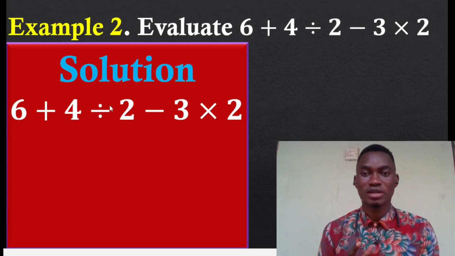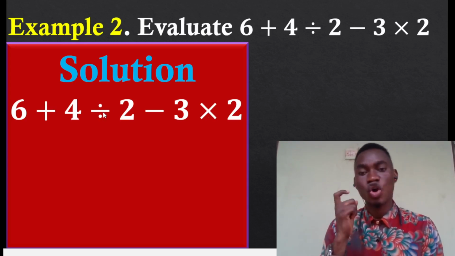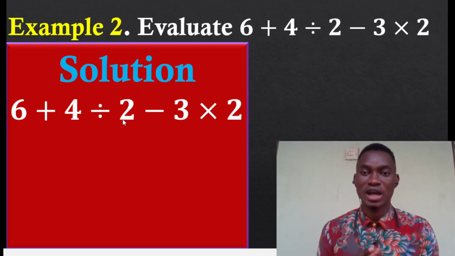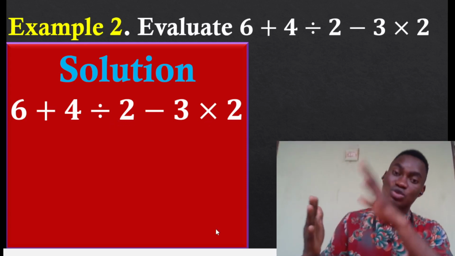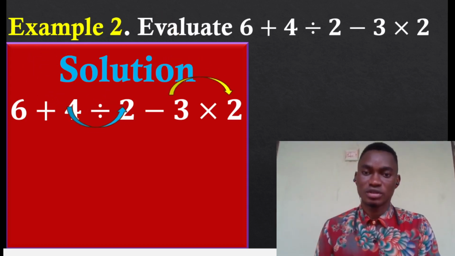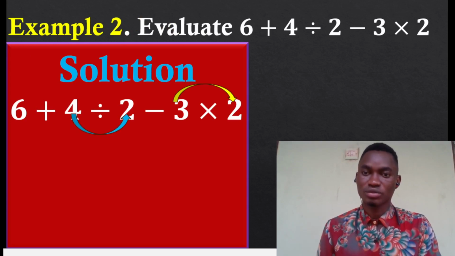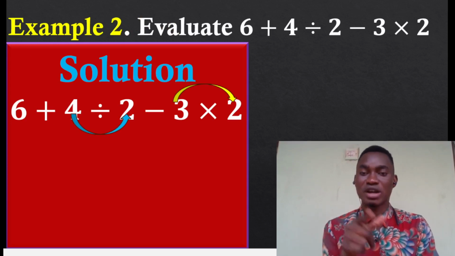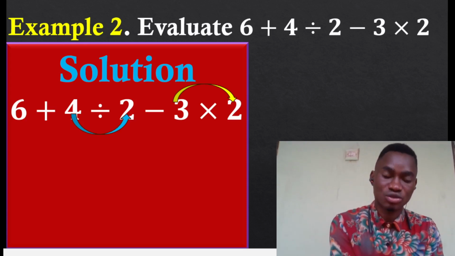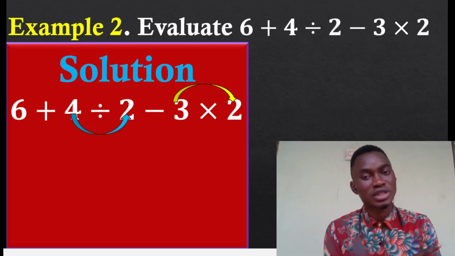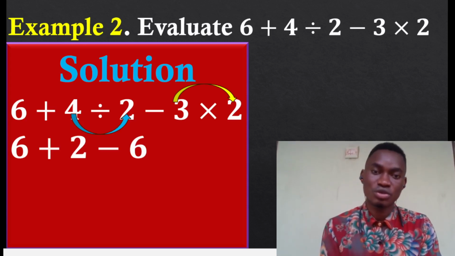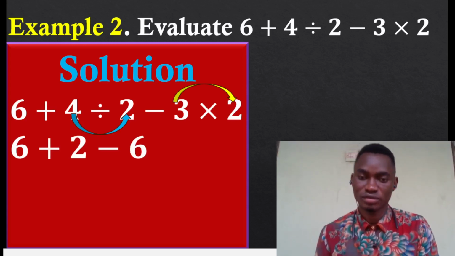Why? The division operator comes before this multiplication operator, and we are following it from left to right. So we'll have this arrow. We are going to have 4 divided by 2, and we'll get an answer. Then we'll be left with 3 times 2, and that will give us 6. Is that clear? So we're going to have 6 plus 2 minus 6.